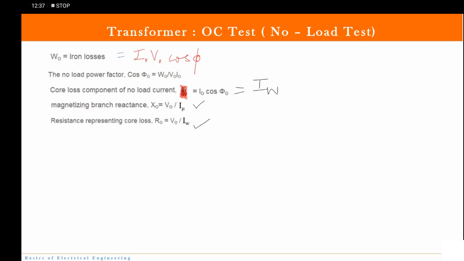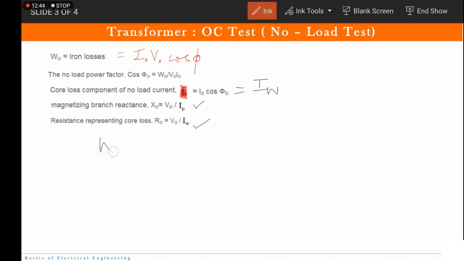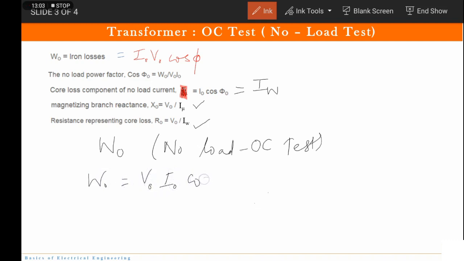So please remember that you get the iron losses in the no load or OC test, and this is represented by V0 I0 cos phi. I0 has two components.